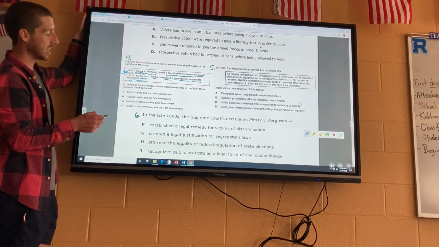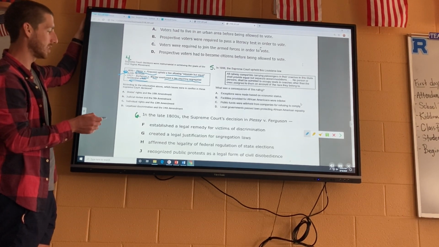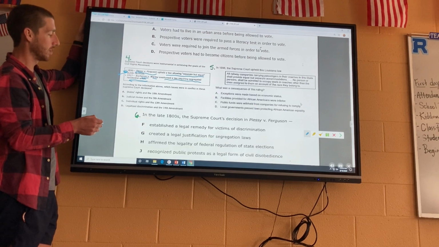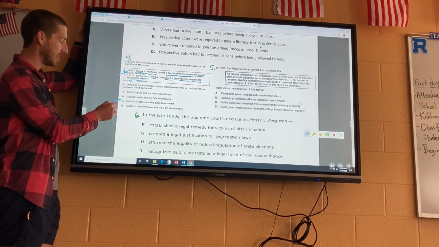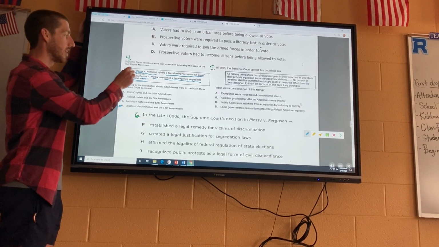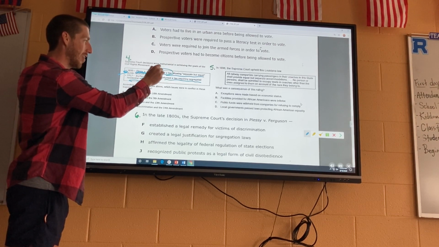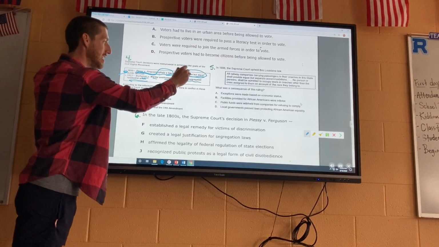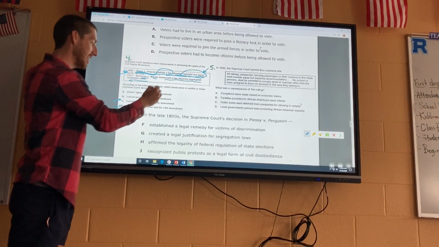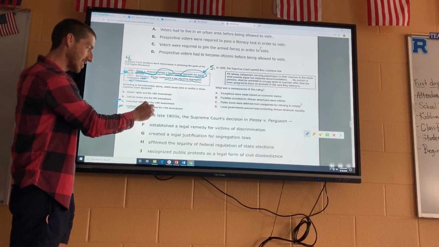Or D, legalized discrimination and the 14th Amendment. So it's going to be between C and D. Now, Plessy versus Ferguson upheld a law allowing separate but equal, that is legalized discrimination.